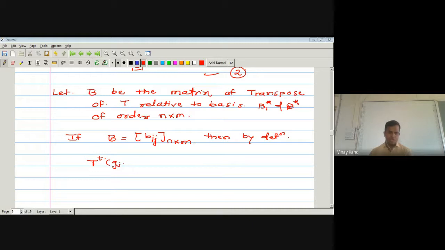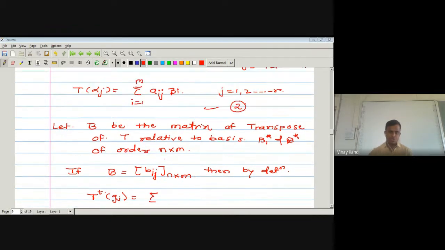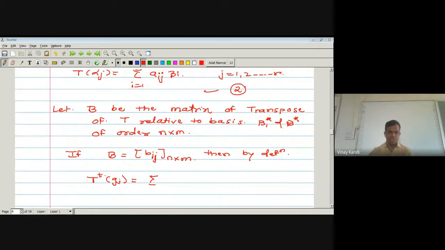Gj, j running from 1 to n, is equal to, we can write this element in the form of a summation, as in equation 2, now i running from 1 to n, Bji into Fi.